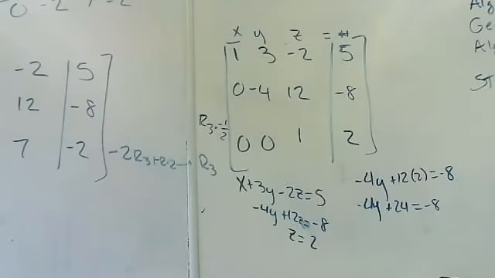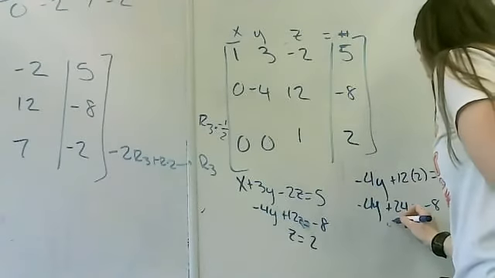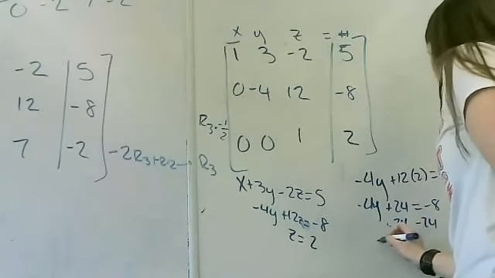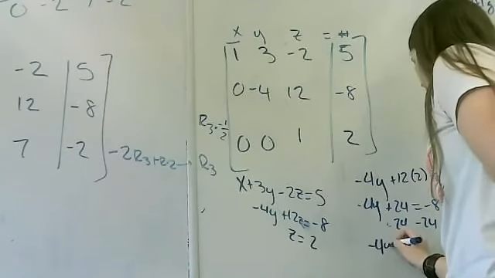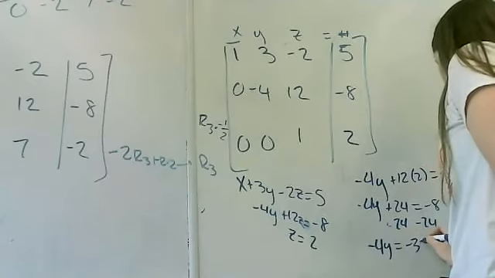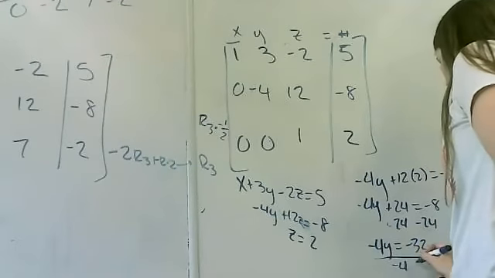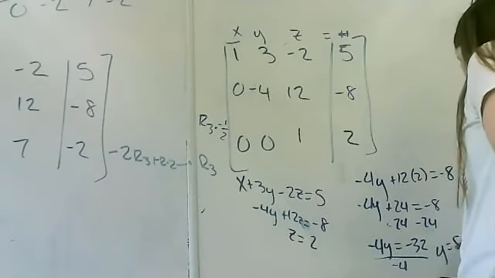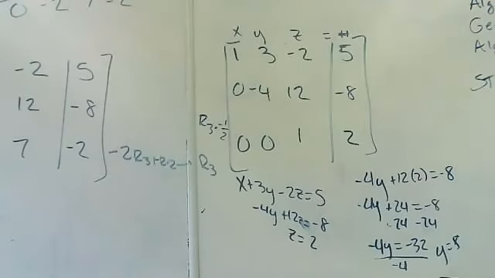Just keep solving. Sorry about that. Our next step would be subtracting 24 to get negative 4y equals negative 32. Dividing by negative 4 to get y equals positive 8. So y should be positive 8 there.